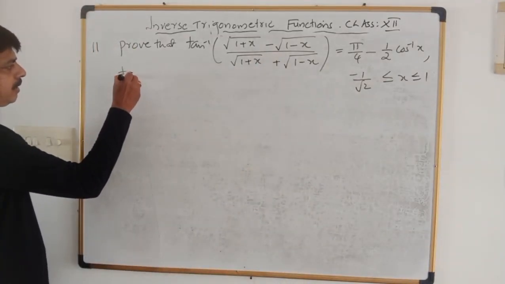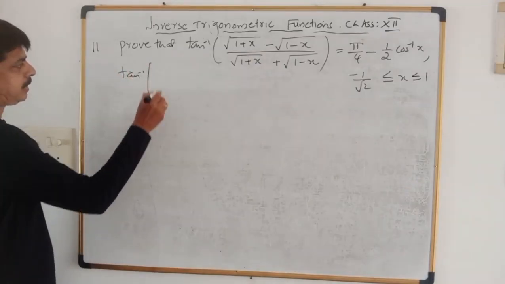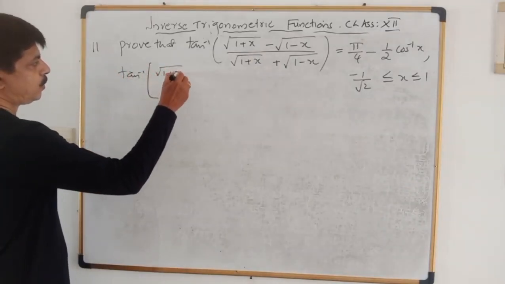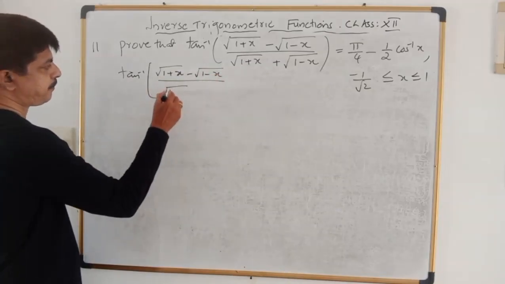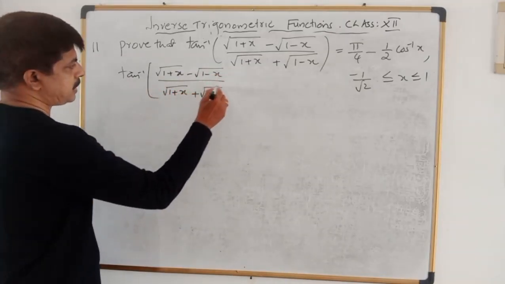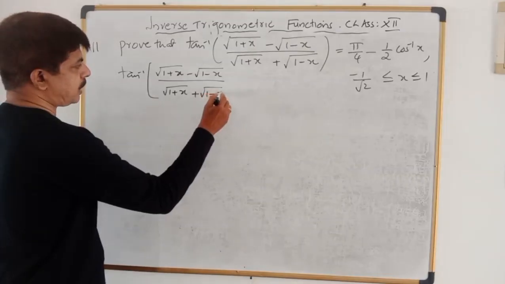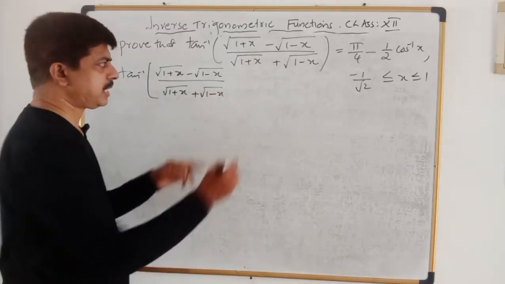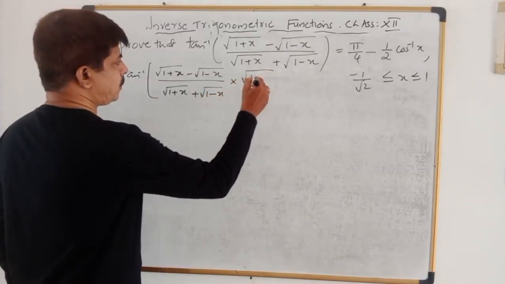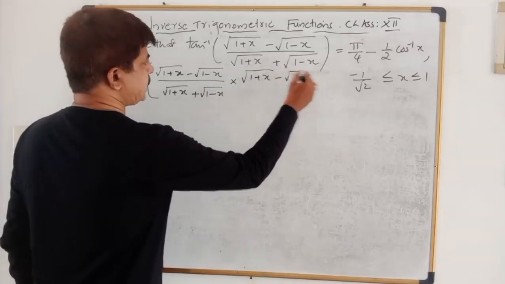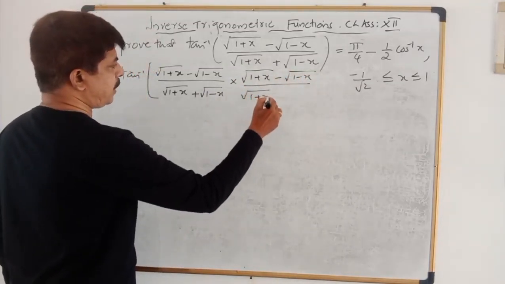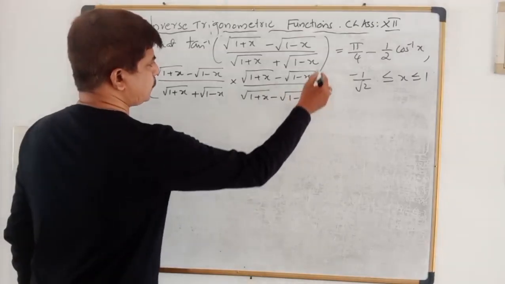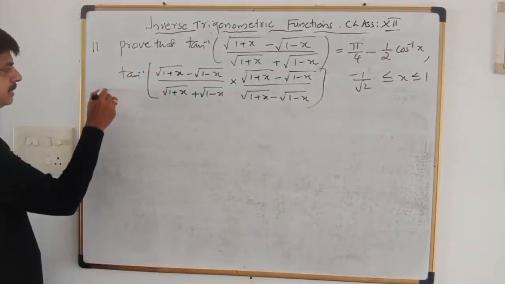We are given tan inverse of root 1 plus x minus root 1 minus x by root 1 plus x plus root 1 minus x. What is the rationalizing factor? Root 1 plus x minus root 1 minus x.